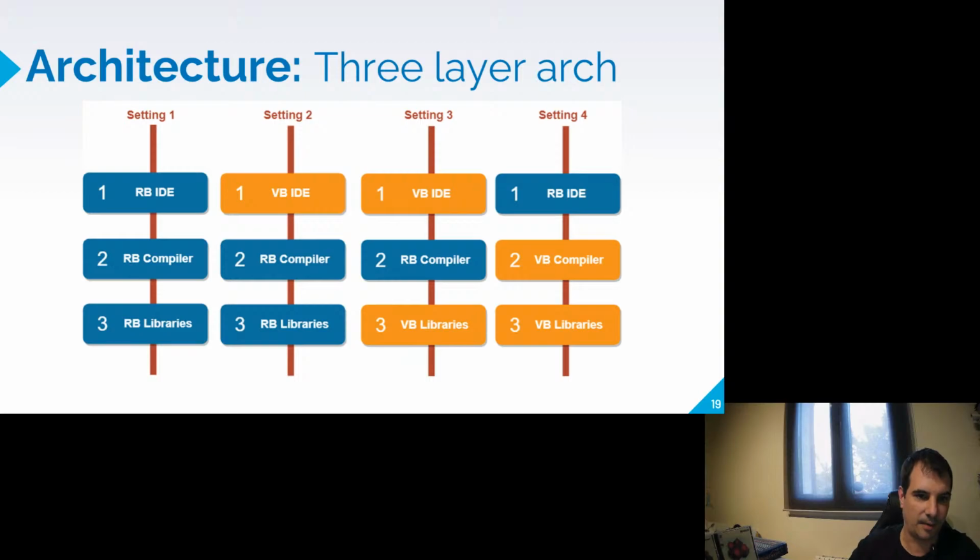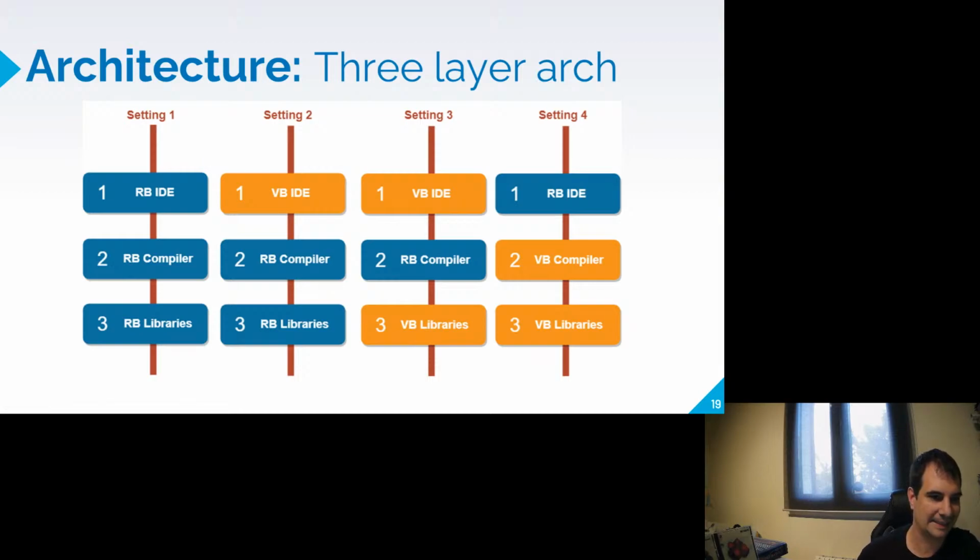And finally, about architecture. The architecture of RAD Basic, of the whole product, is based on 3 layers. One layer is the IDE, the second layer is the compiler, and the third layer is the runtime libraries. As you could see, there could be 4 settings in your development flow.